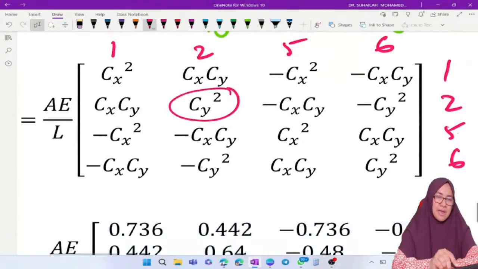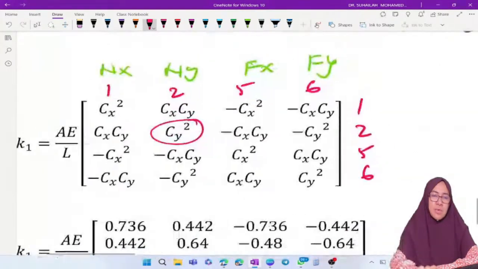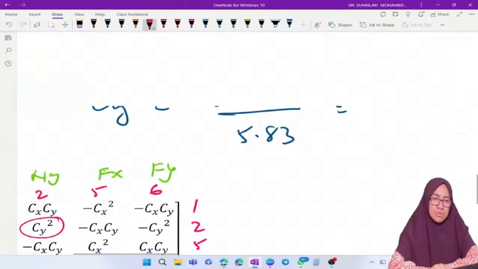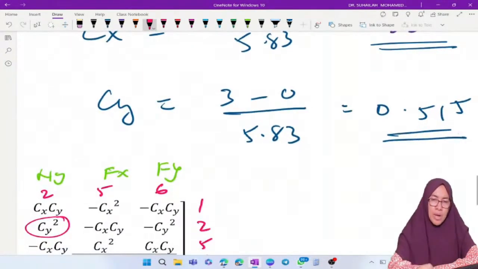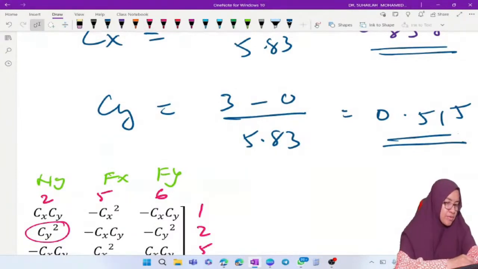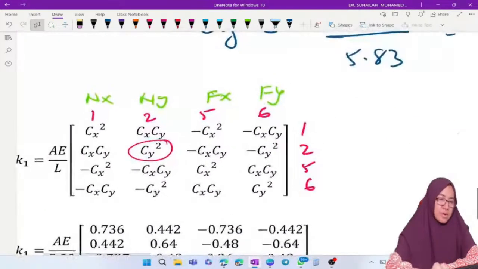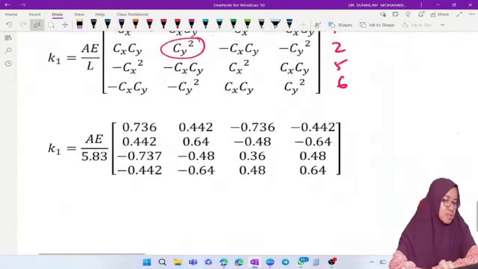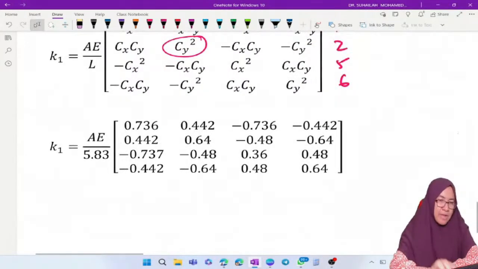Then this value is cy squared. Cy is 0.515, squared, so it is 0.265.